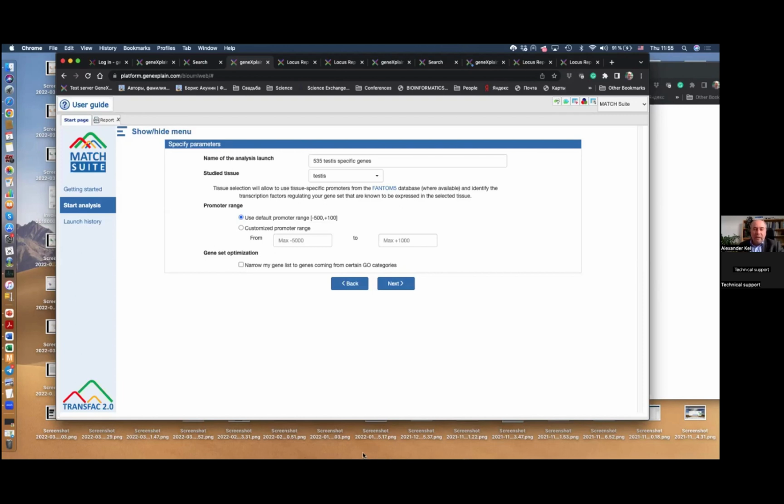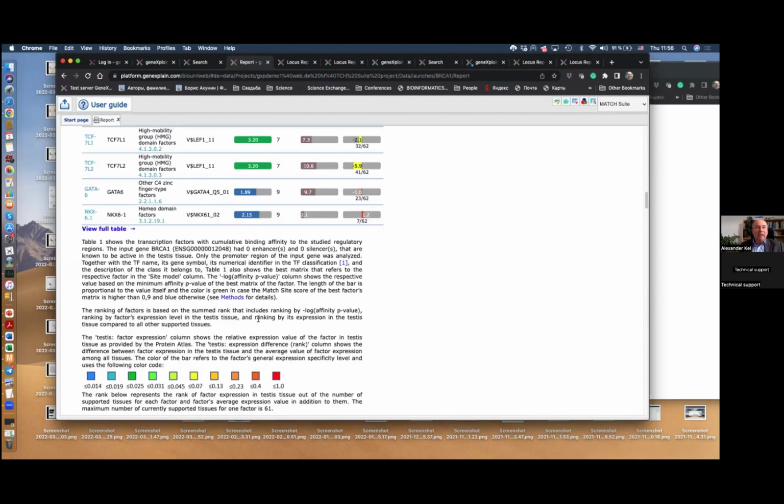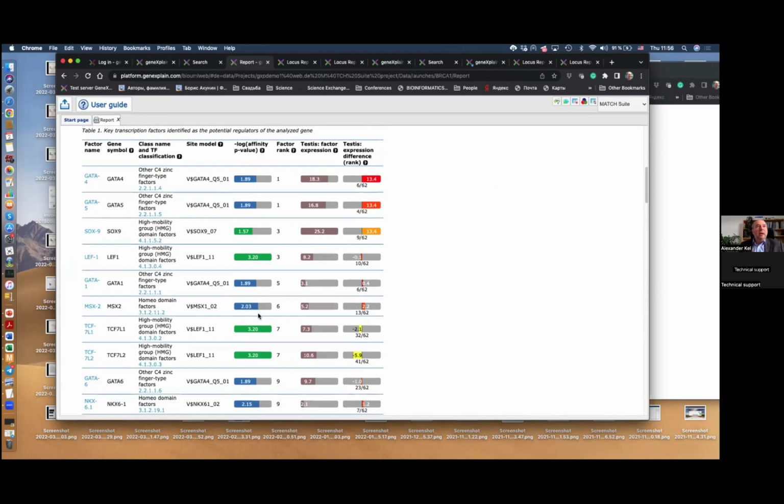Another question: could you explain the difference between the p-values? Here we used several different p-values, so maybe I have to explain a bit more.